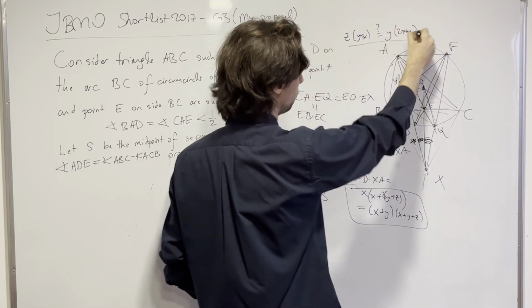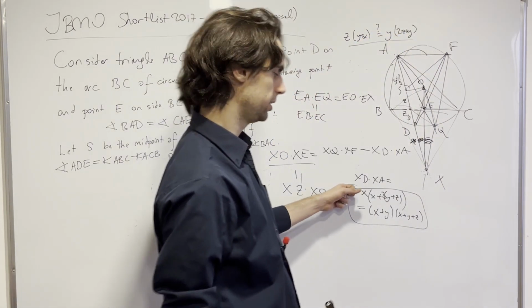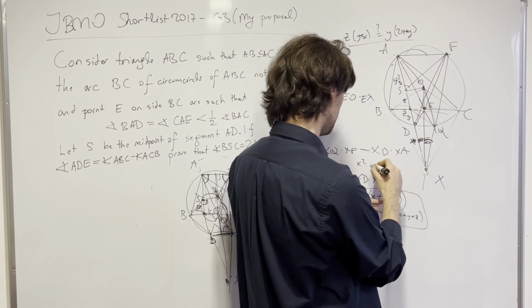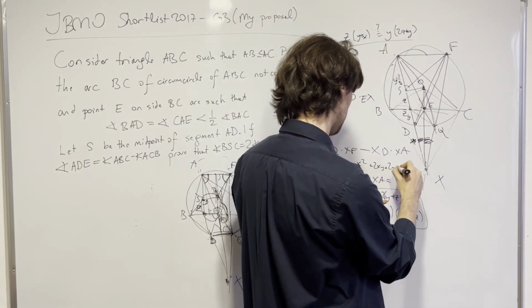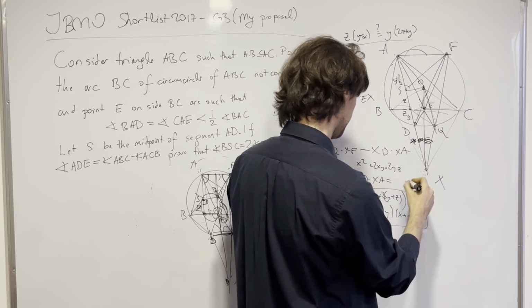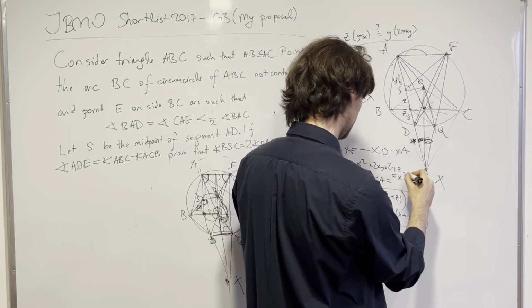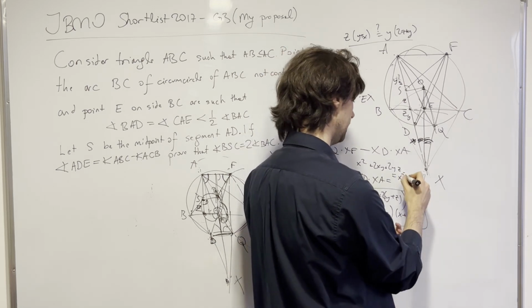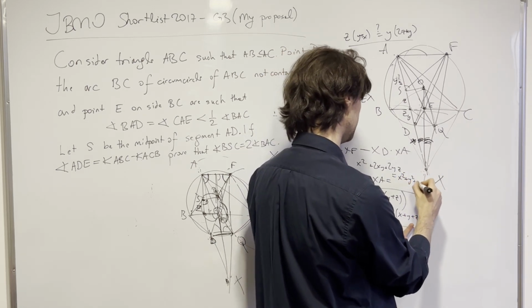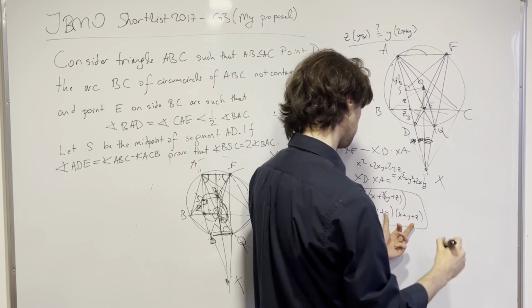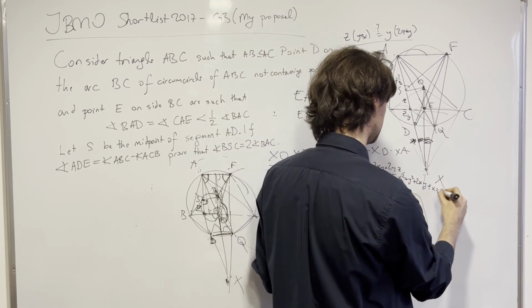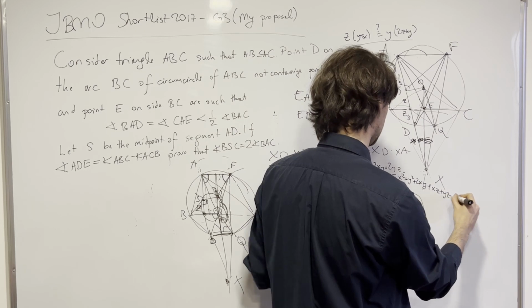We need this to be equal. And from here, what do we get? We get x squared plus 2xy plus 2yz is equal to (x plus y) squared, which is x squared plus y squared plus 2xy, and then (x plus y) times z, which is xz plus yz.